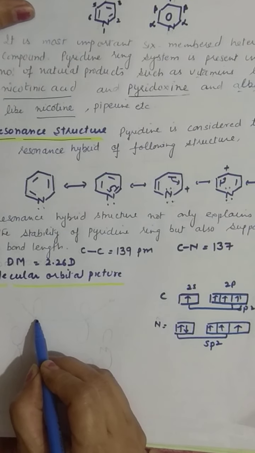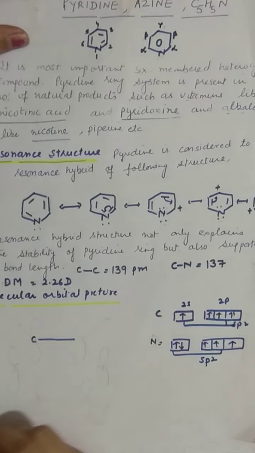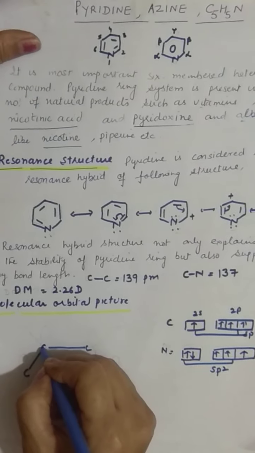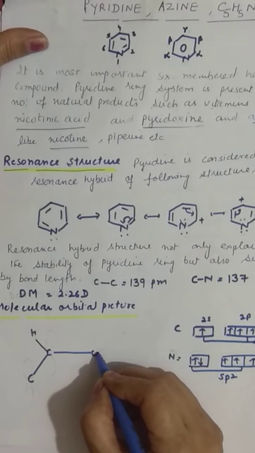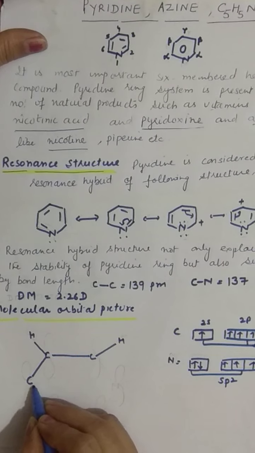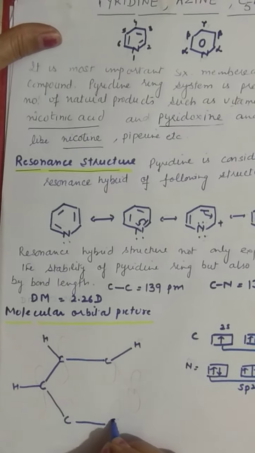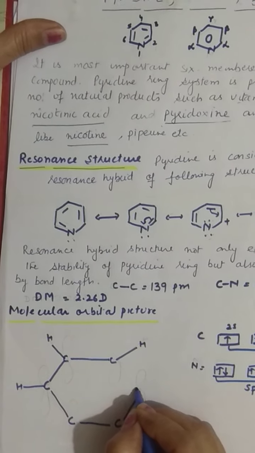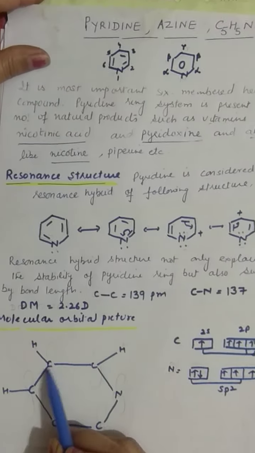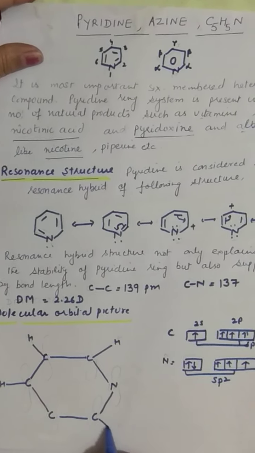Each sp2 hybridized carbon forms 3 sigma bonds, 2 with carbon and one with hydrogen. See this. So each carbon forms 3 bonds. So we have carbon-carbon bonds, carbon-hydrogen bonds and carbon-nitrogen bonds.